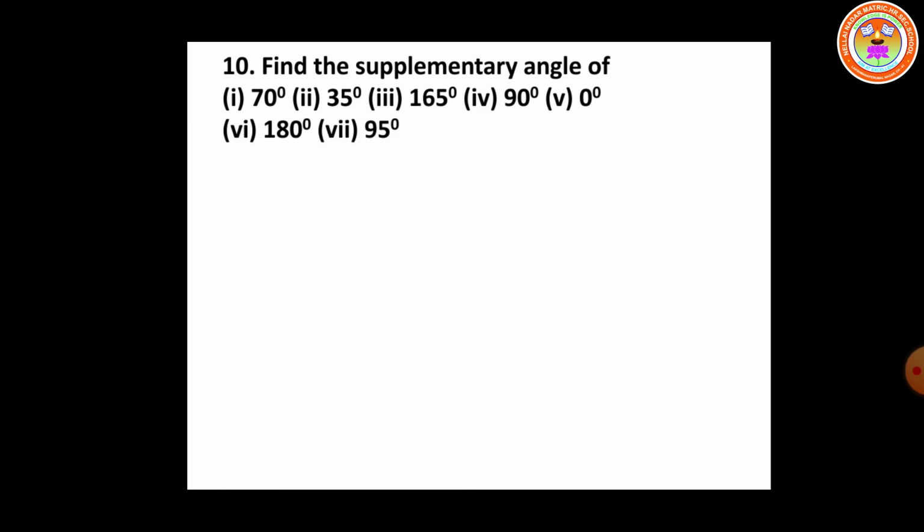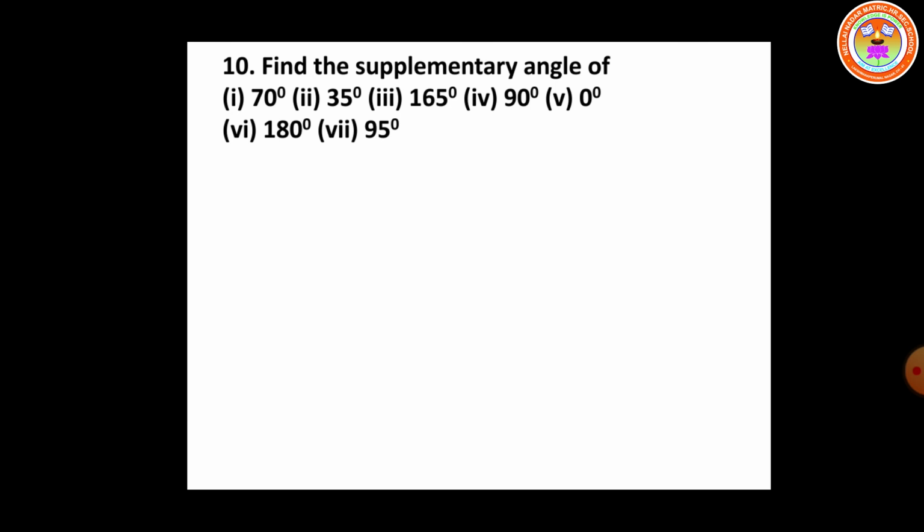Find the supplementary angle of 70 degree, 35 degree, 165 degree, 90 degree, 0 degree, 180 degree, 95 degree. Okay, when we say two angles are supplementary angles, the sum will be 180 degree. So, one angle is given, how do we find the other angle?